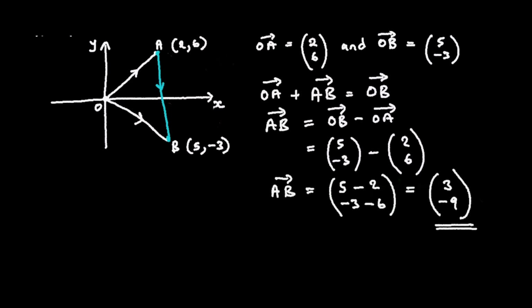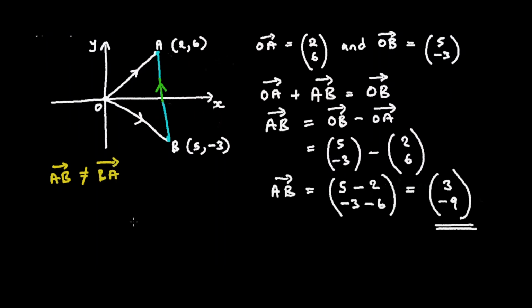Let us now say we want to find BA. We now want to learn what BA is. So the first thing you should appreciate when you are doing vectors is that AB and BA are different. So that is the first thing we want to hammer. AB is not equal to BA.